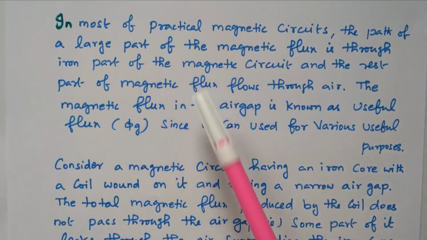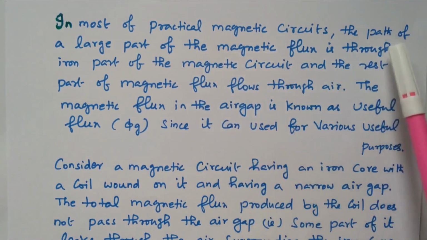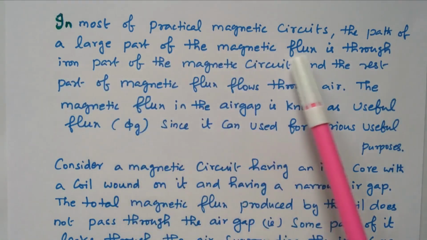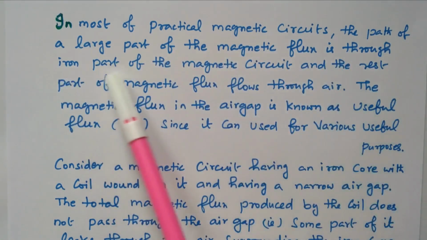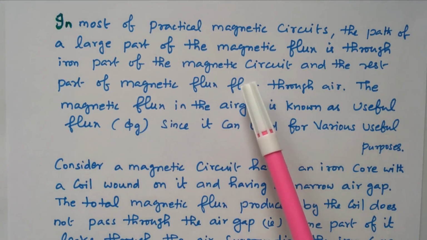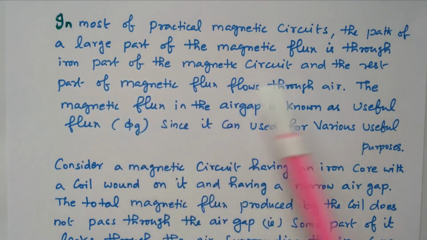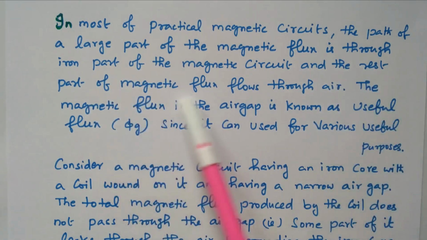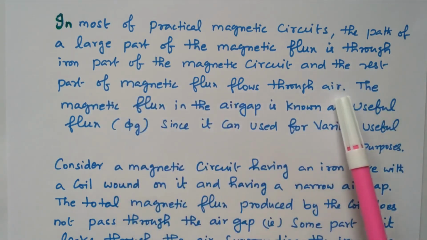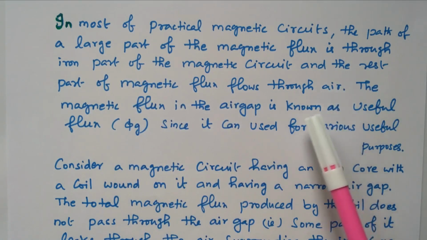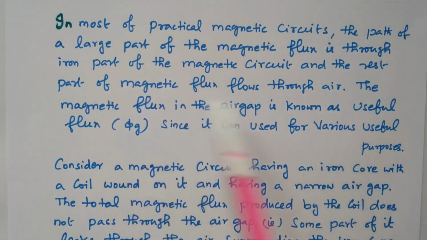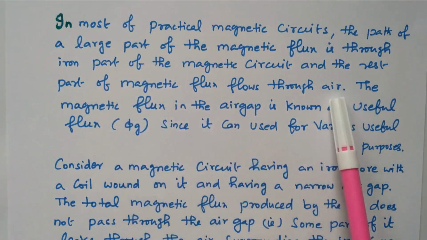In most practical magnetic circuits, the path of a large part of the magnetic flux is through the iron part of the magnetic circuit. So normally the flux is flowing through the iron part. In the rest of the part, the flux is flowing through the air, that is called the air gap. Mostly it is flowing through the iron core, and a few of them flow through the air.